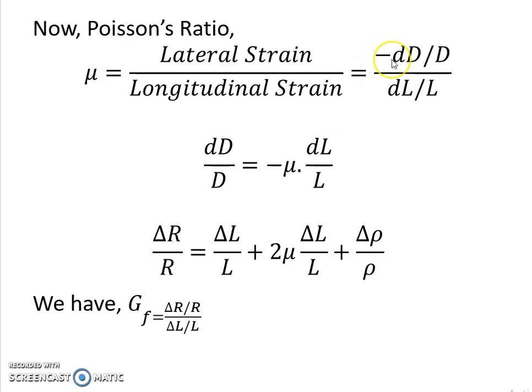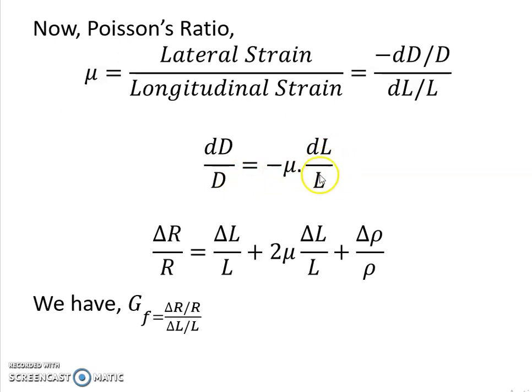So that is why it is indicated as minus dD by D, and the longitudinal strain increases, that is dL by L. The purpose of using the negative sign here is that when a metal wire is stretched, its cross-sectional area decreases. That decrease is indicated by the negative sign. Therefore, dD by D can be written as minus mu into dL by L.